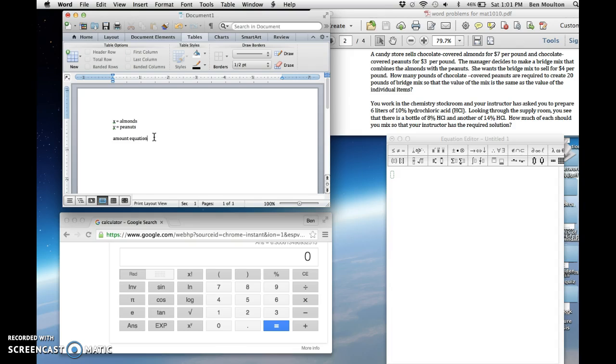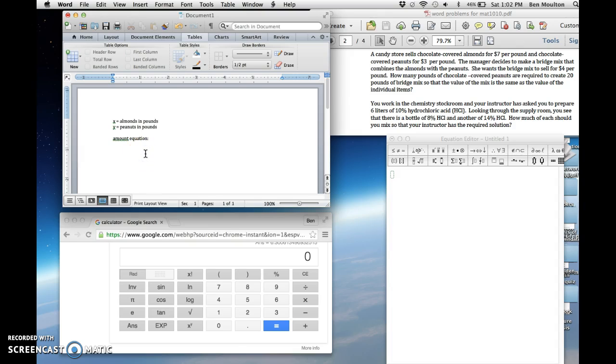Always start with the amount equation. That's actually going to be the key here. So x is the number of almonds in pounds, and y is the amount of peanuts in pounds. Again, these are amounts. That's the big thing here.